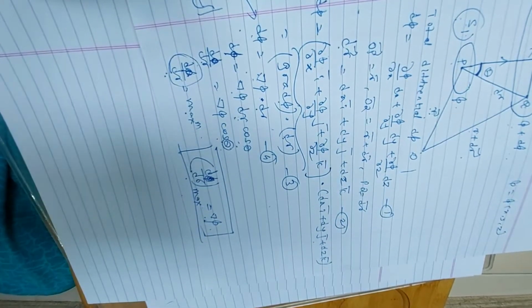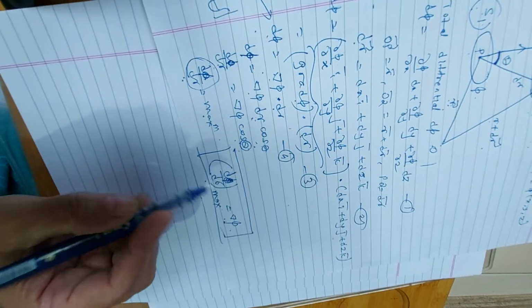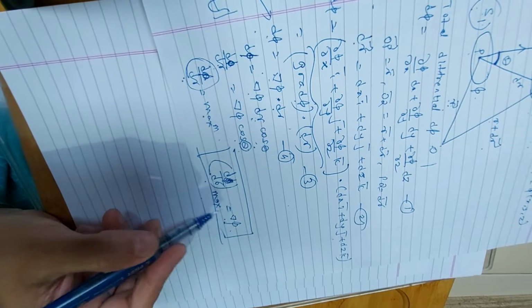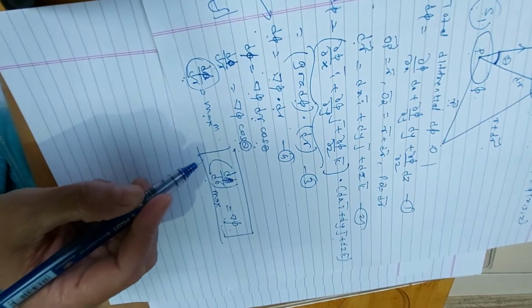So what is the conclusion over here? We can say that the gradient, del phi, of a scalar field is basically a vector field.